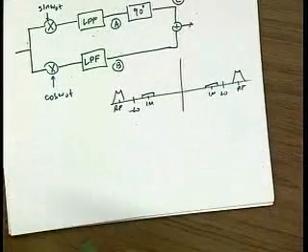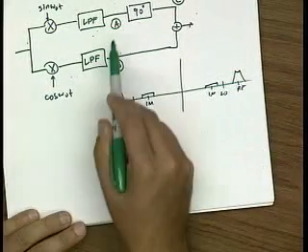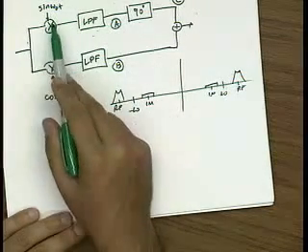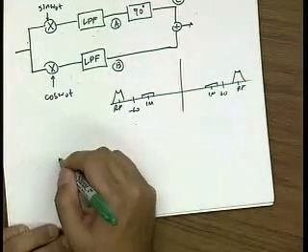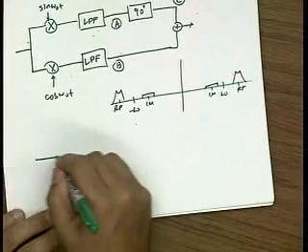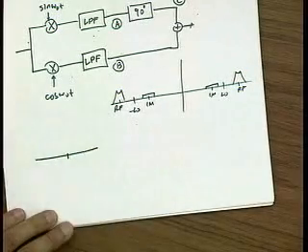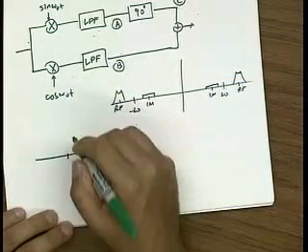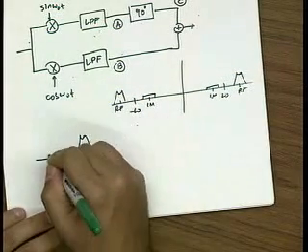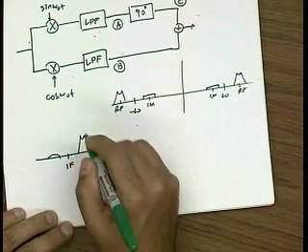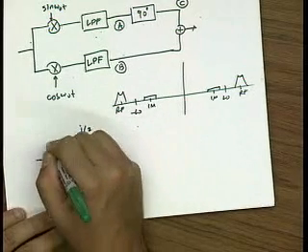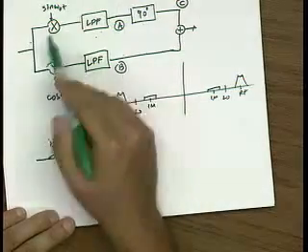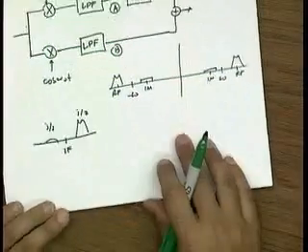Okay, so let me plot what happens to our signal at point A. So point A corresponds to multiplying by sine. Okay, so I can do that in two parts. So I know that if I multiply by the first term, which is the positive frequency, I get the following. This is my IF. And there's a factor of j over 2 because sine has an extra j in it, right?